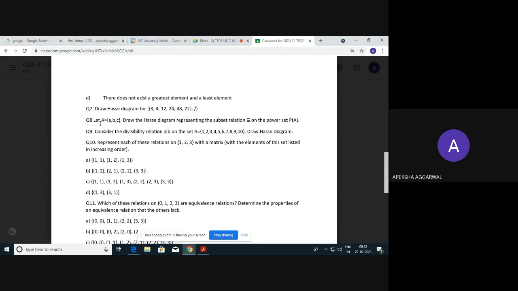So are you able to solve? Anybody? Has anyone finished? Has anyone solved it?